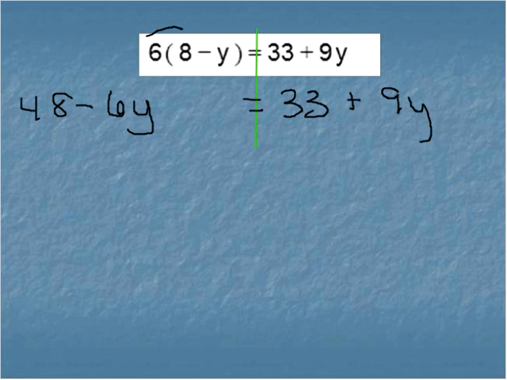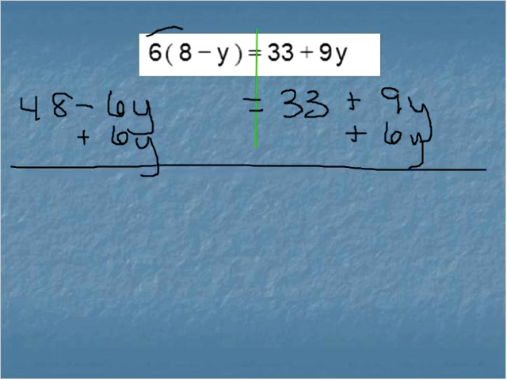I'm going to move the smaller one. Well, negative 6 is smaller than positive 9, so I'm going to move that one by adding it to both sides. So after I add it to both sides, I get 48 equals 33, plus 9y plus 6y is 15y.